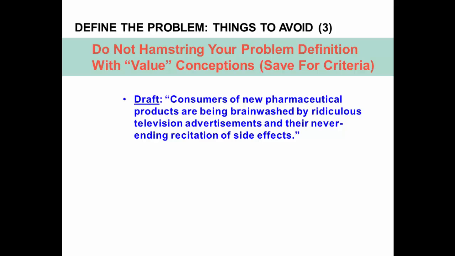This draft embeds a number of value statements. First, the fact that consumers aren't being informed, rather they're being brainwashed. Next, that these advertisements are in a sense illogical and ridiculous, that they don't even achieve any communication or useful information delivery. And lastly, this never-ending feature may be never-ending for some consumers, but not all.